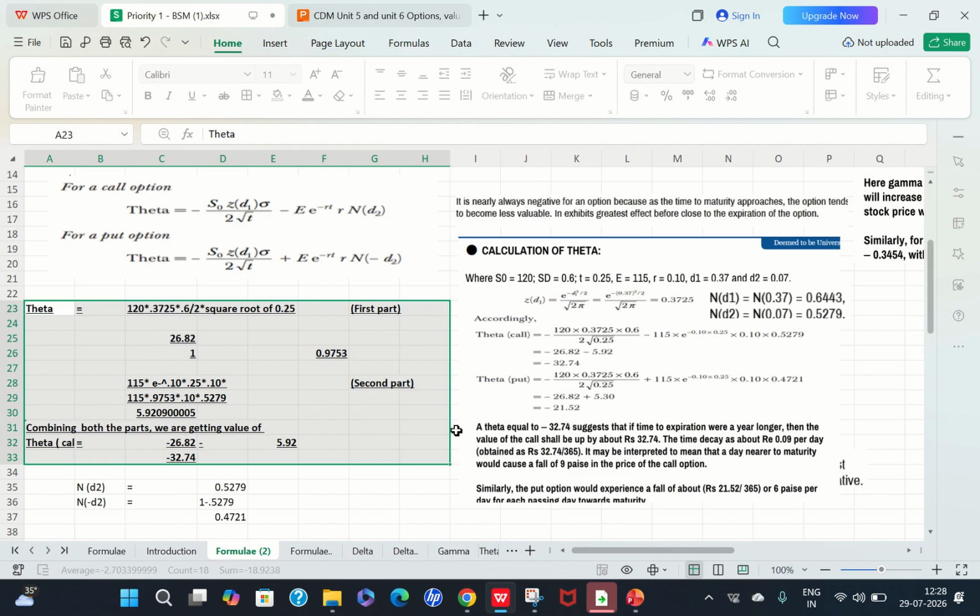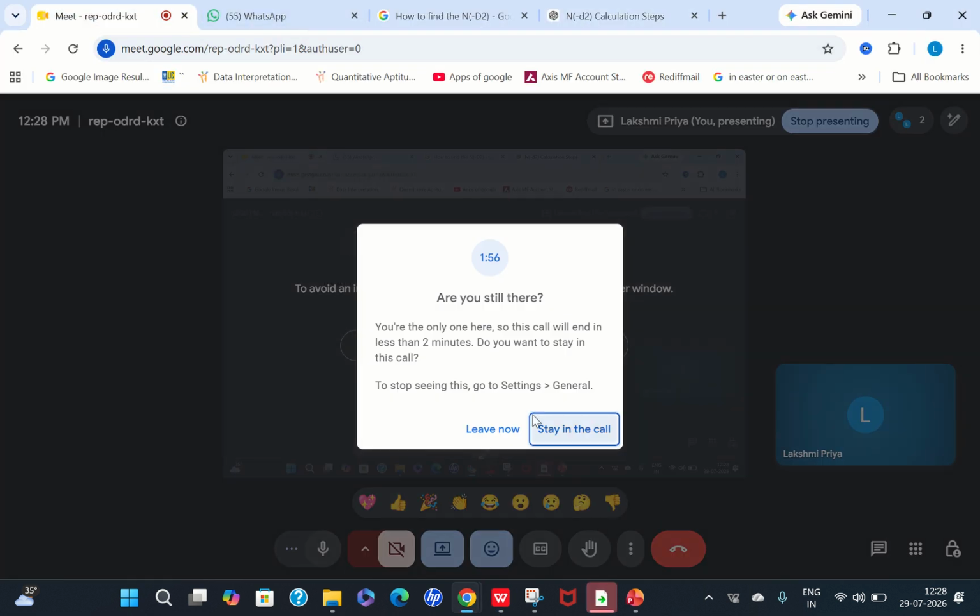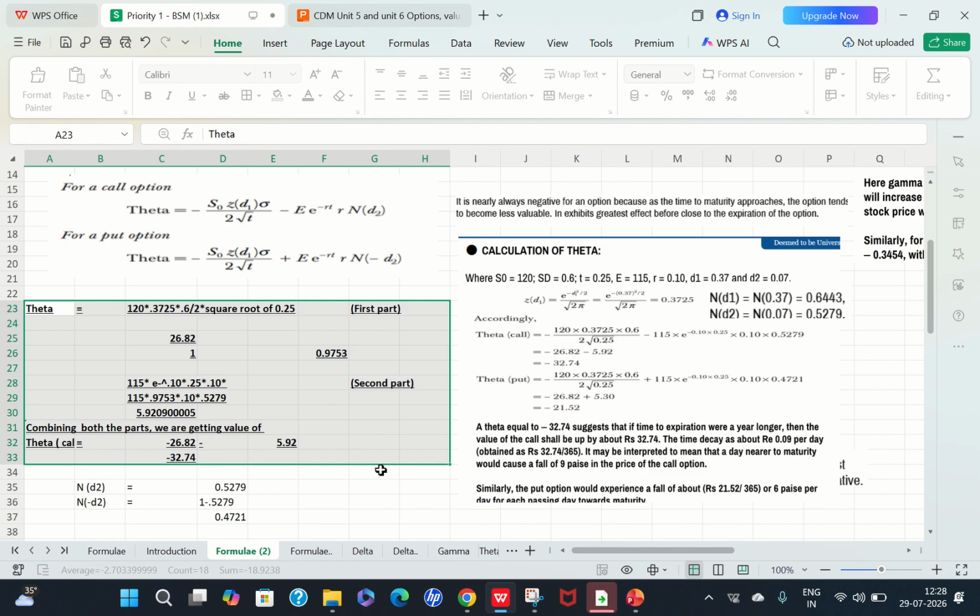If you cancel it within a week, you will get some refund. Suppose you cancel it within 24 hours of travel, then you cannot get a refund. Similarly, whenever it is nearing maturity, the fall will be 9 paise in the price of the call option.